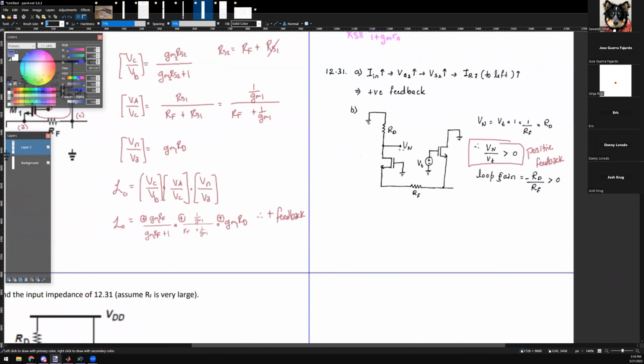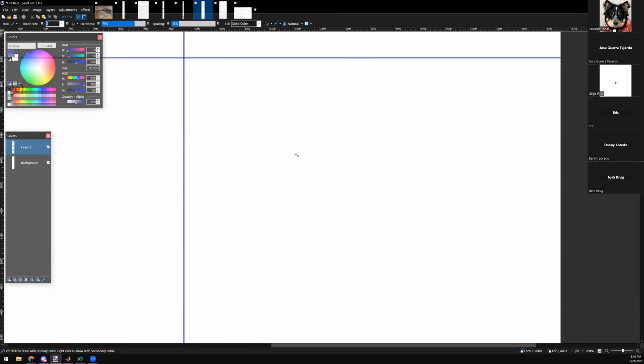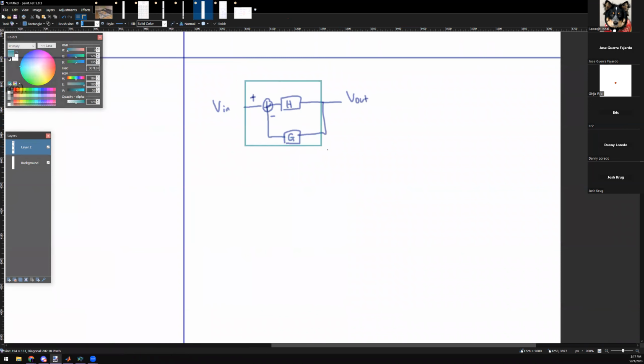Okay, when you do negative feedback, this is going to be kind of a lecture. When you have negative feedback, you typically have an open loop forward gain and a closed loop gain. In the presence of negative feedback, this whole new system that I've made has a new transfer function.